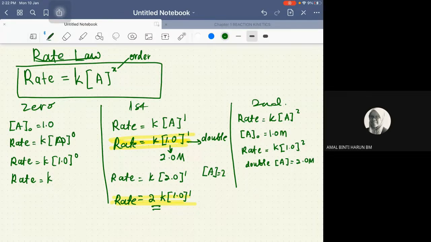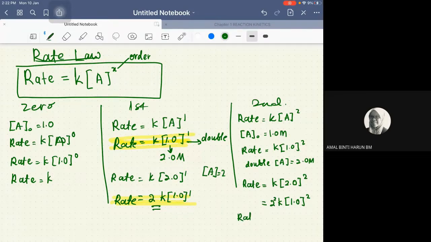Okay, now let's substitute to our new rate law. Rate equal to K, 2.0 power of 2. So kita factorize, kita keluarkan, kita buat 2K, 1.0 power of 2. And this one, ni pun kena power of 2 juga.